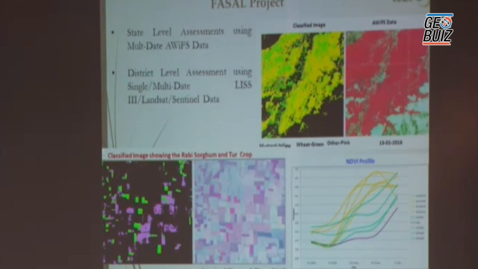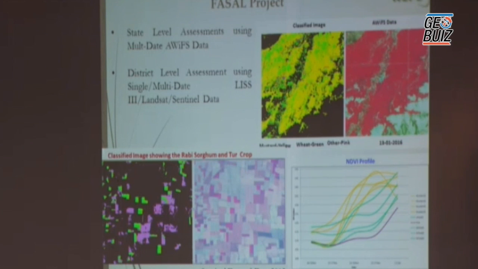Under the FASAL project, we do pre-harvest crop production forecasting of 8 major crops, including rice, wheat, cotton, sugarcane, jute, rapeseed and mustard, and Rabi sorghum. Out of this, rice and jute are done using microwave data, but all the others are done with optical data. Typically, we give 2 to 3 forecasts.